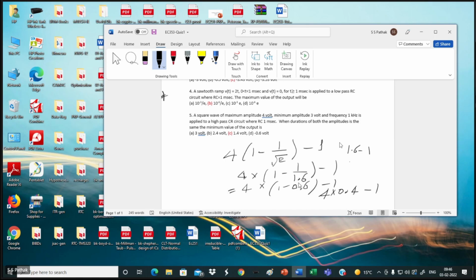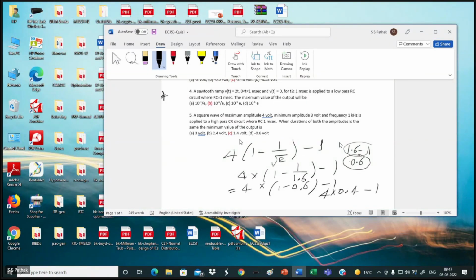It will be 0.6. There is no option like that. It is minus. No, no, 0.6 is the answer. I have to find the closest one, closest to the correct one. Which is coming closest to 0.6?